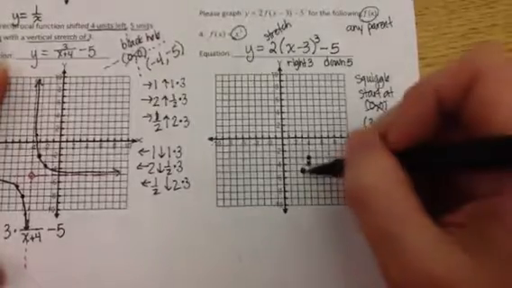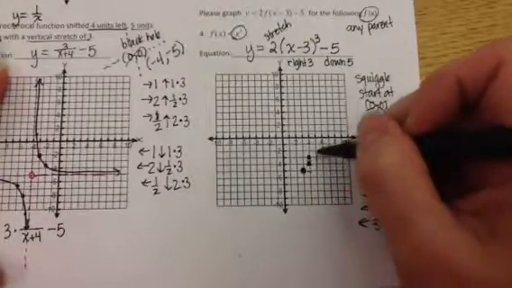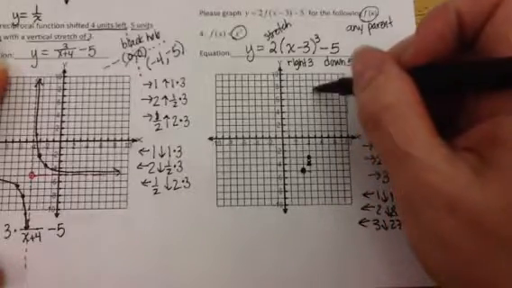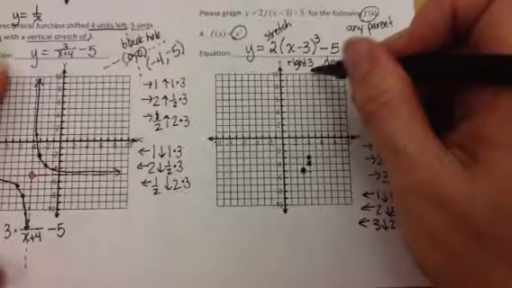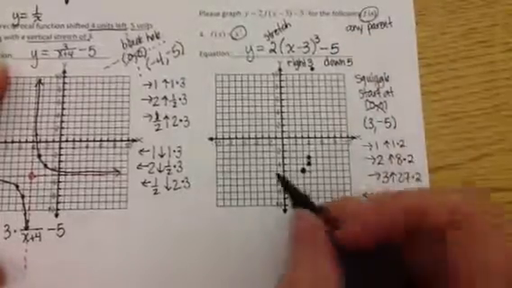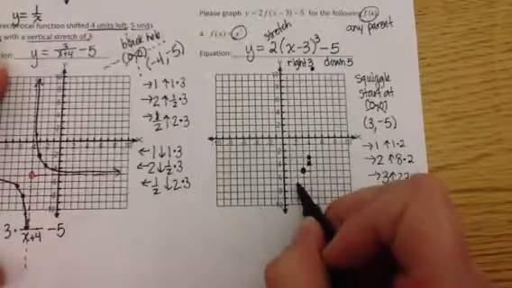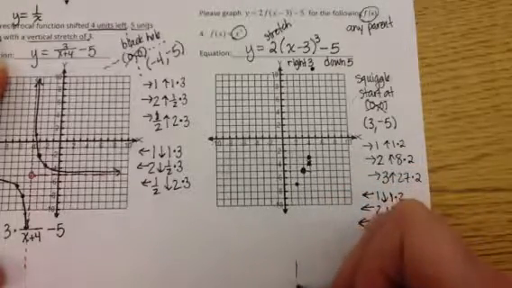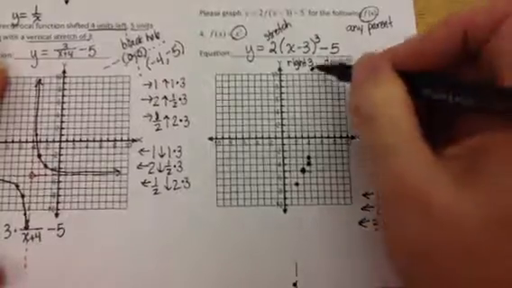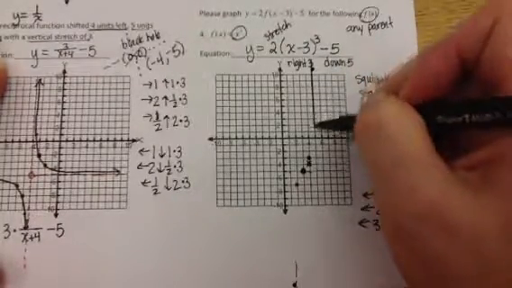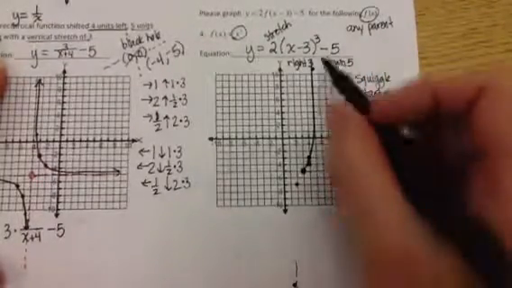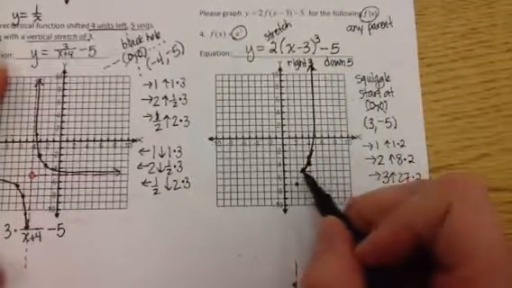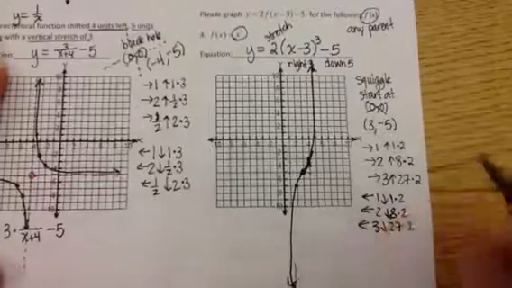And then over 2, up 16. 1, 2, 3, 4, 5, 6, 7, 8, 9, 10, 11, 12, 13, 14, 15, 16. And then left 1, down 2. And left 2, oh gosh, down 16 would be way, way down there. And then when I connect these, remember it makes like a sideways parabola that's been twisted in the middle. So parabola to there and then twist around and make that parabola.